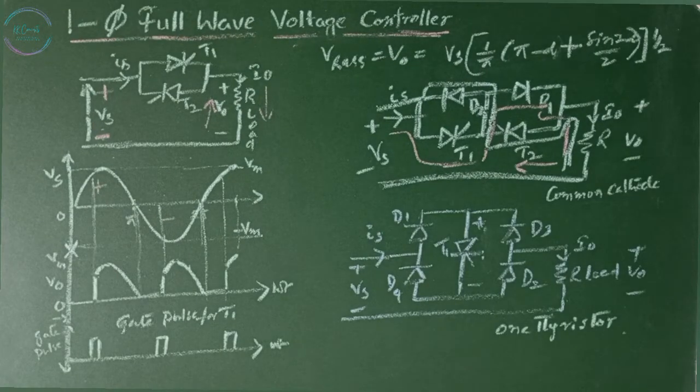Now, a single phase full wave voltage controller can also be implemented with one thyristor as shown in the circuit with 4 diodes. The four diodes act as a bridge rectifier. The voltage across the thyristor T1 and its current are always unidirectional with the resistive load. The thyristor current would fall to zero due to natural commutation in every half cycle.